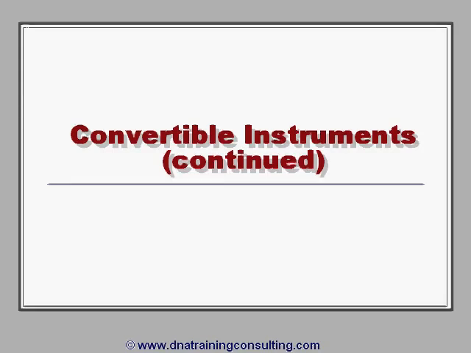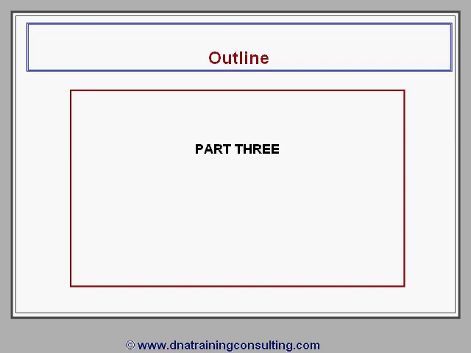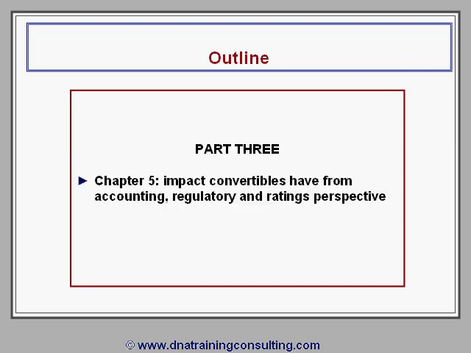We remind you that this part 3 contains chapters 5 and 6 of the module, with chapter 5 analyzing the impact convertible bonds have on an issuer's balance sheet, leverage ratios, earnings per share calculations, and other metrics from the accounting, regulatory, and ratings perspective, and chapter 6 containing the final quiz.